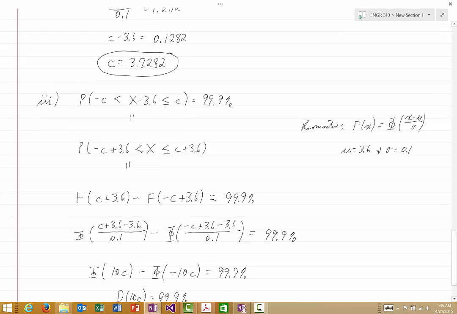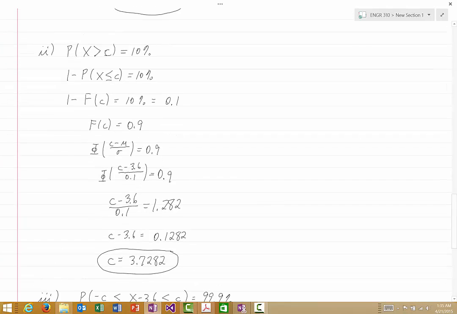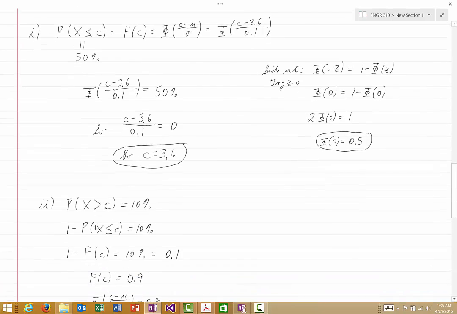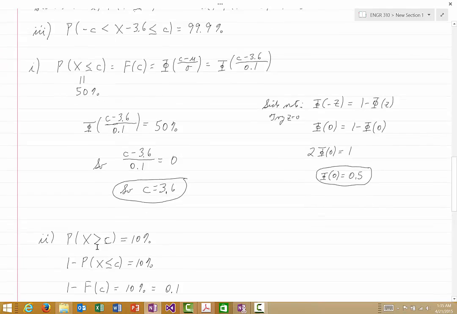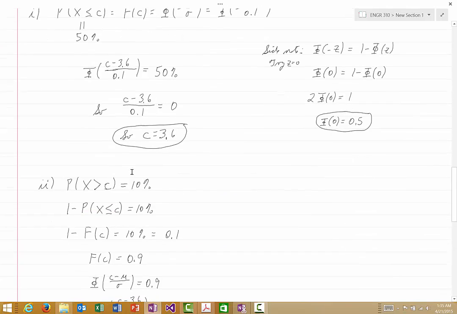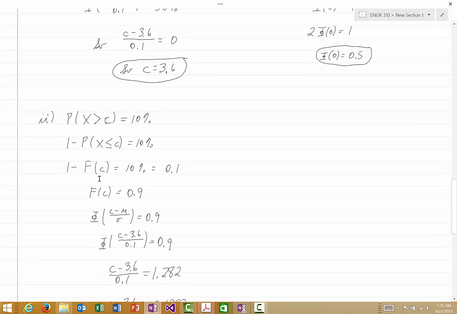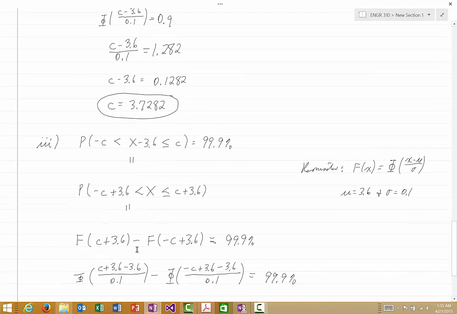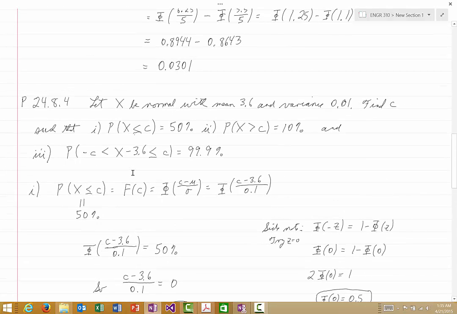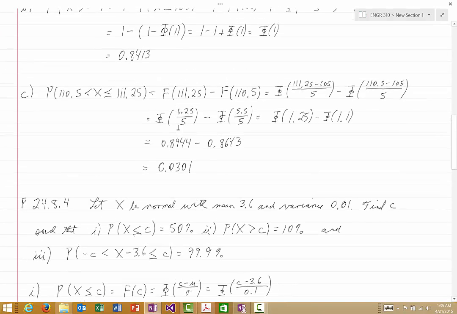But keep in mind that in all three of these, we first take the probability that is given, convert that, find out what that tells us about capital F, and you see here again, and then here again, and then once we have the problem in terms of capital F, we convert to phi, and once we have it in terms of phi, then we can go ahead and use one of the tables to solve the problem.